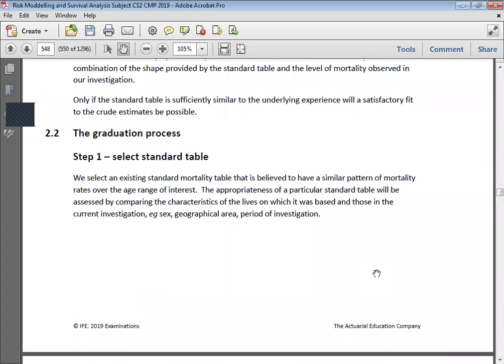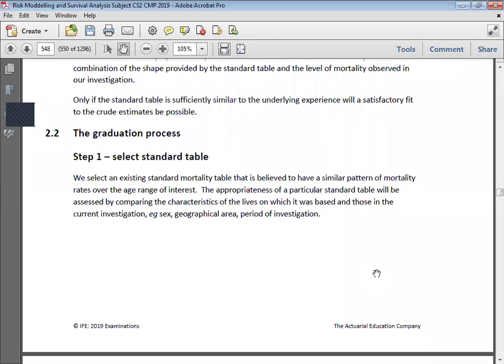And this is something which is sometimes very, very difficult. But again, if it is not difficult, then it is very easy, because sometimes the data that you want to figure out the graduated rates for does not correspond to any of the standard tables that you have, then there is no point, right?